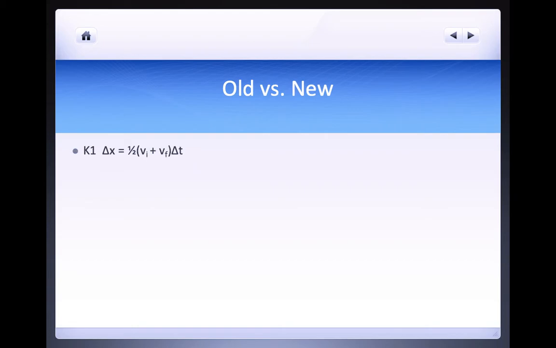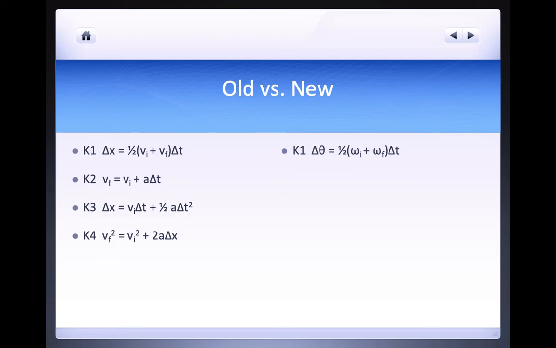So just to compare, kinematic 1, we're familiar with it looking like this: delta x equals 1/2 (vi plus vf) times delta t. And as we saw, you can make substitutions. We substitute theta in for x, and we substitute in omega i and omega f, and we make that into an angular kinematic. We see kinematic 2 here, kinematic 3, and kinematic 4. As we make those substitutions, they turn into the following equations.